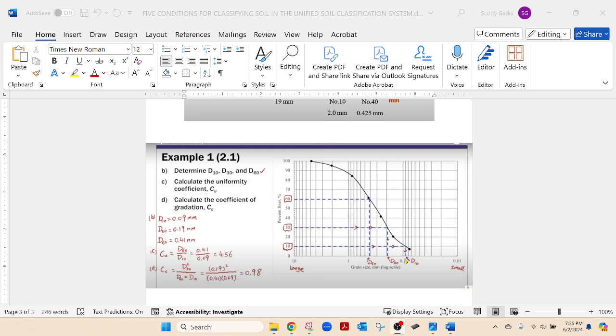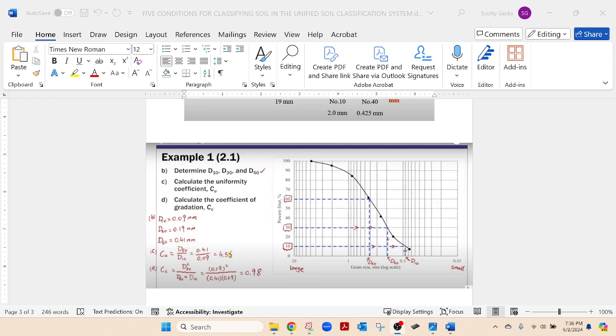So this is 0.1, 0.2, 0.3, 0.4, and he's got 0.41, so that's close enough. That's the particle size for the D60, and we did the D10, 0.09.